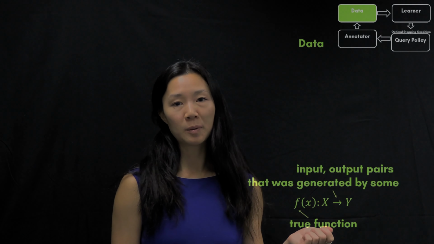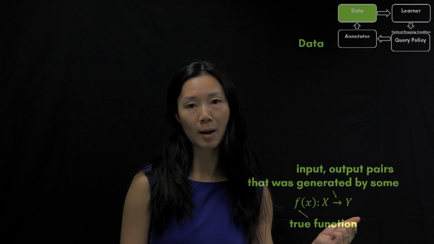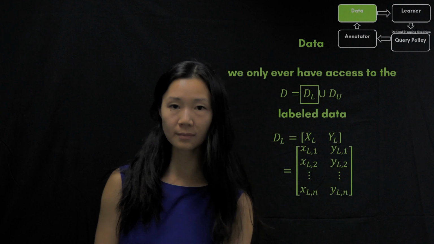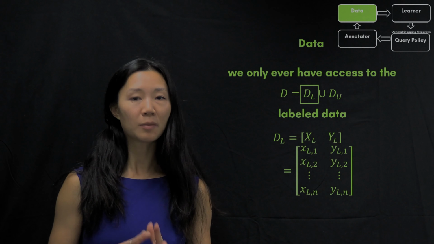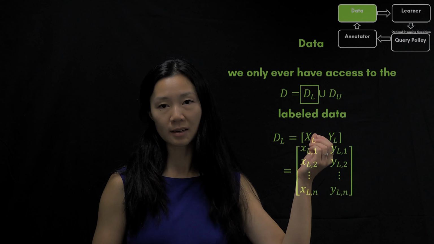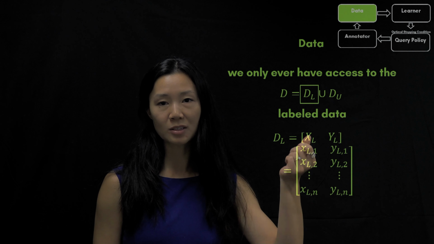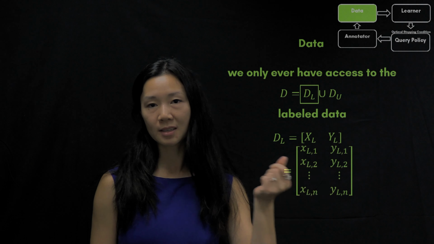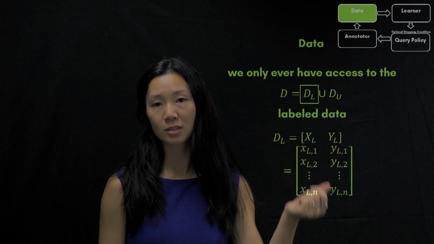That input and output pair was generated by some true function f that maps X, your input, to some output Y. Now remember, we only have access to the labeled data. And so the labeled data set, which is your training data set, looks like so.